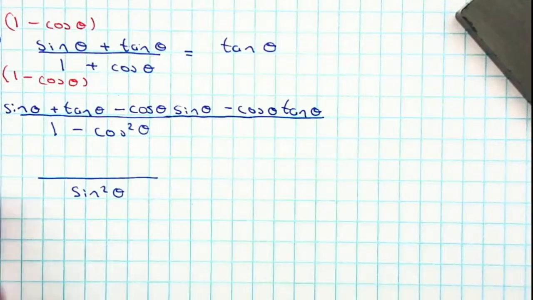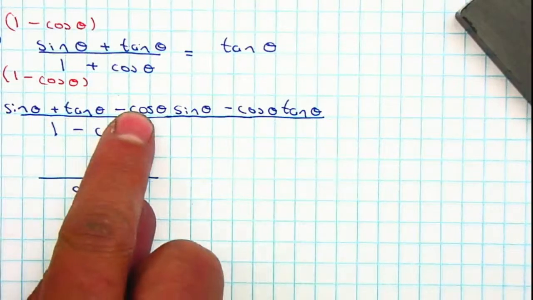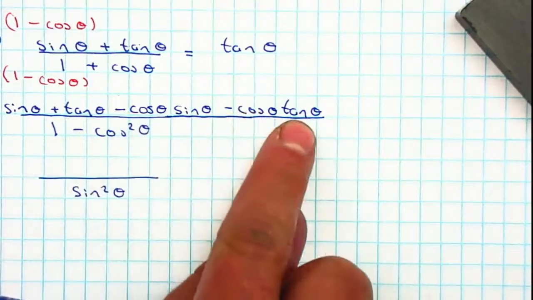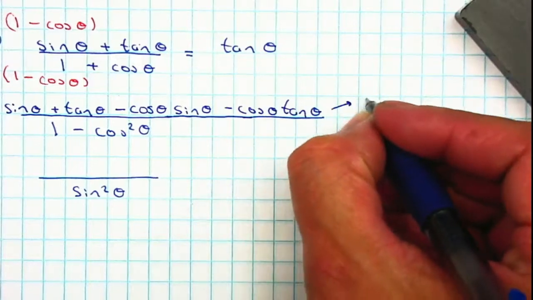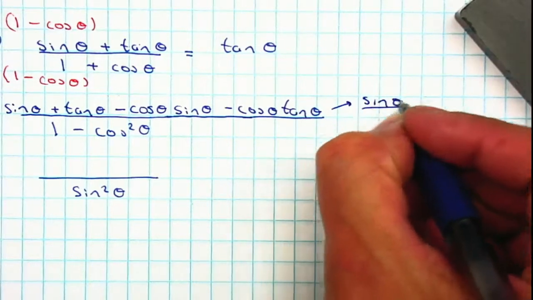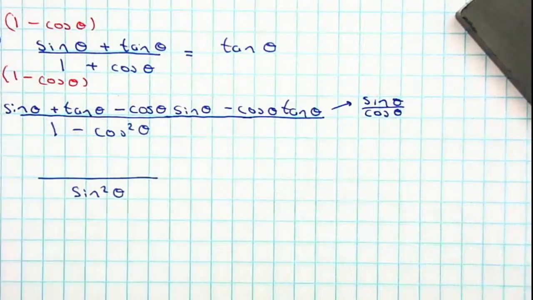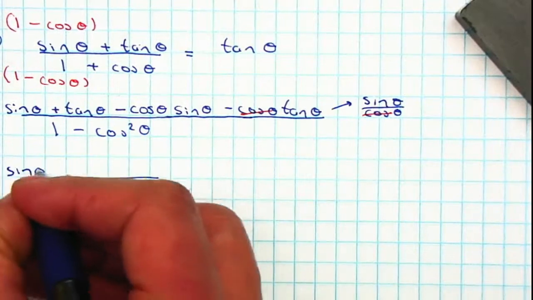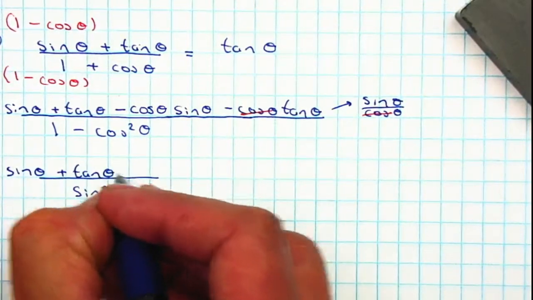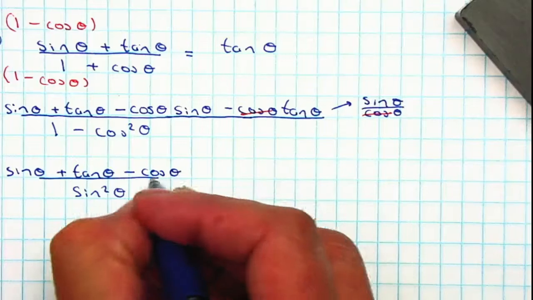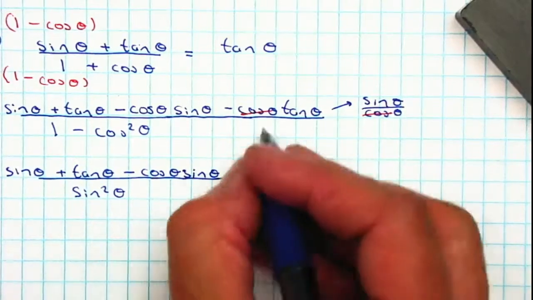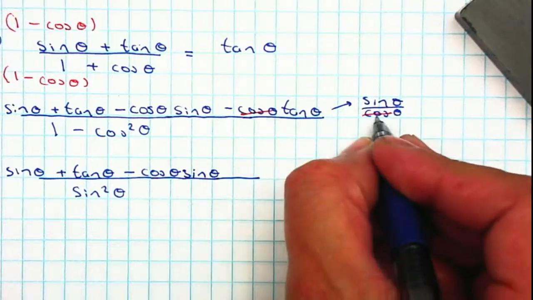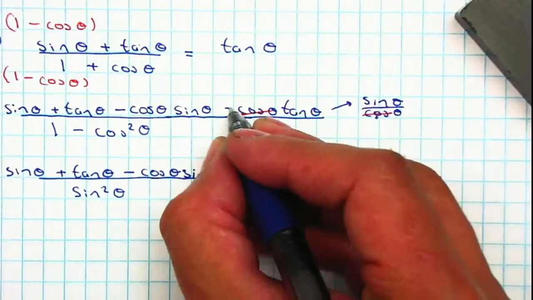At this point, we want to simplify this one here, and I want to change my tangent to sine theta over cosine theta. Therefore, the cosines are going to cancel, and I will just have sine theta plus tangent theta minus cosine theta sine theta. And since that cosine cancels, I'm going to end up with negative sine theta.